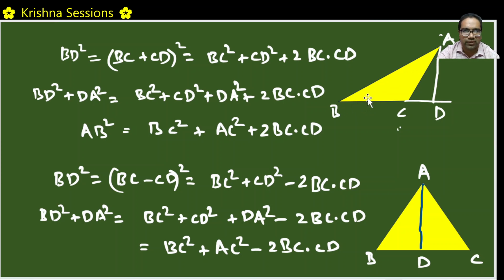Right, that is the way. If the sum of the squares of the smaller sides is lesser than the square of the larger side, then it is an obtuse angle triangle. Here AB square is the sum of the smaller squares plus something else, and that something else is 2 into BC into CD.